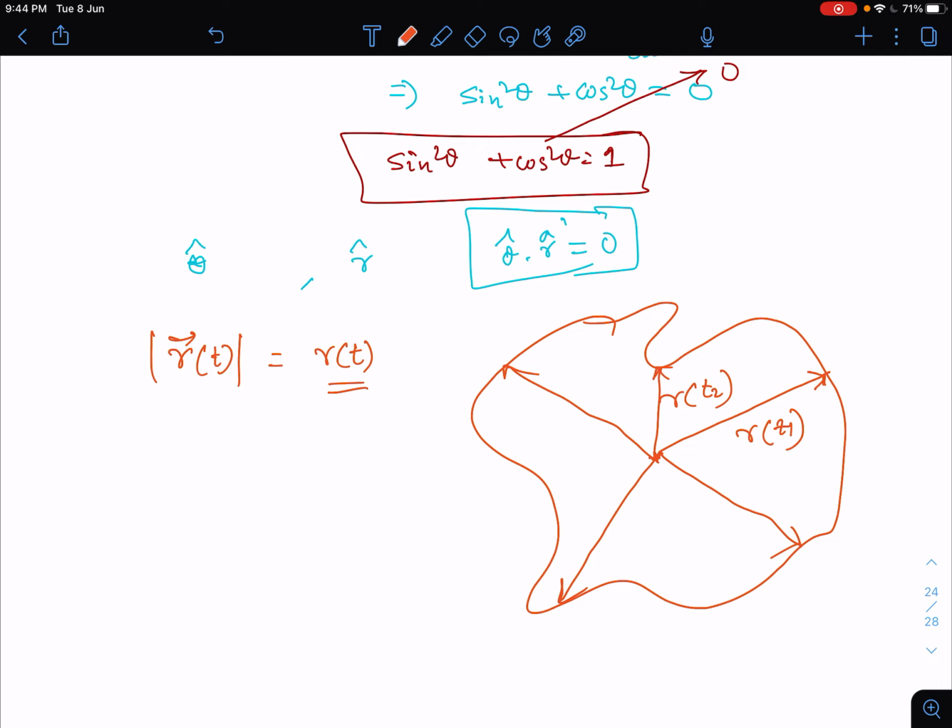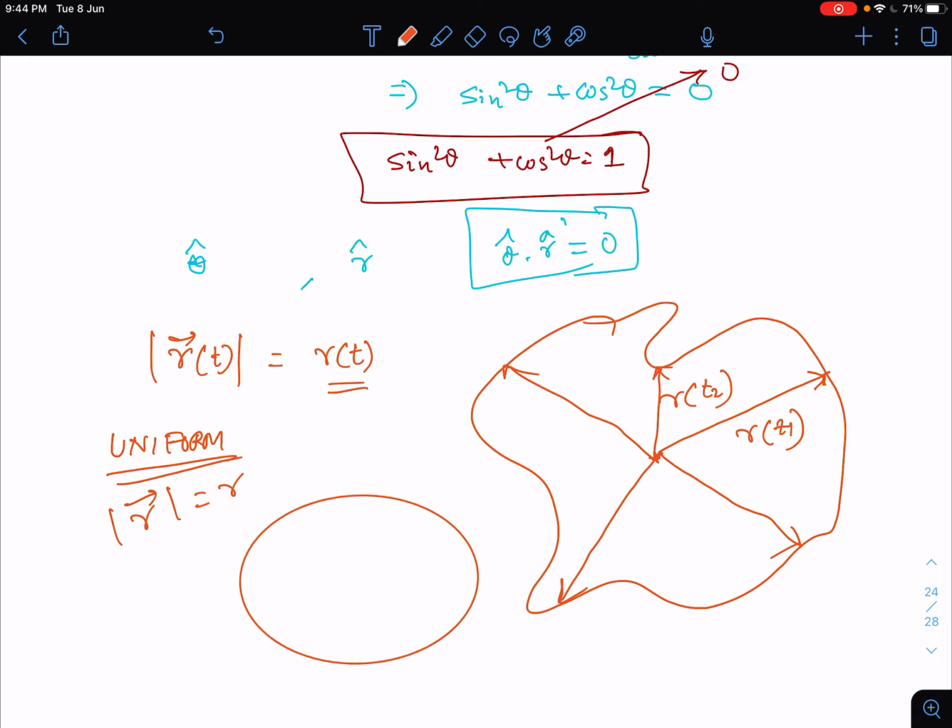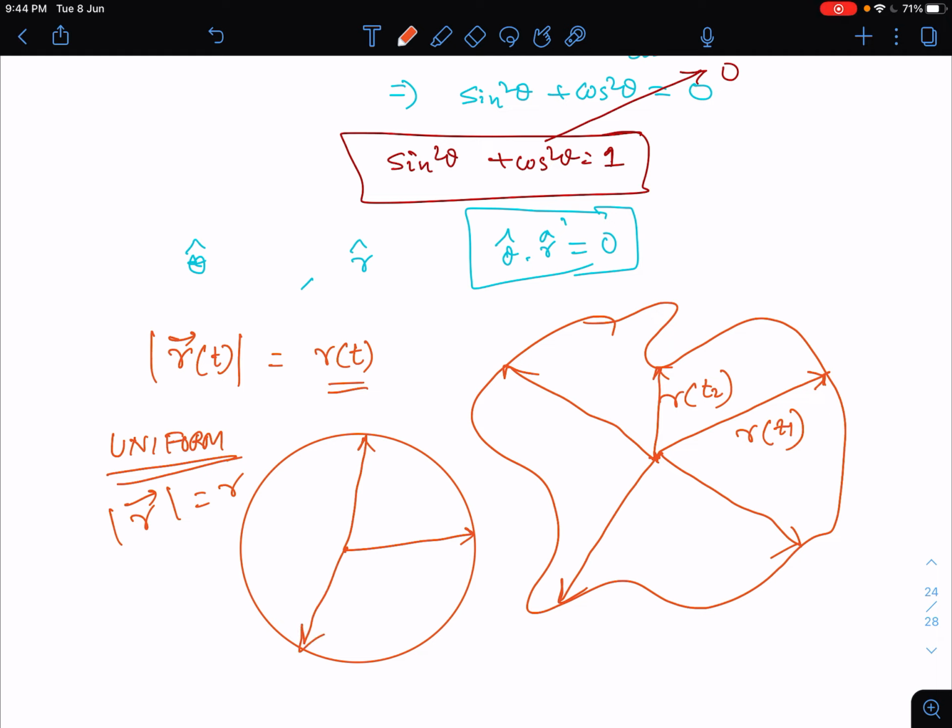In uniform circular motion, the magnitude of r is constant, but its direction changes. Let's say this is a circular motion. Here the magnitude is constant, but the direction changes. But here both the magnitude and the direction are changing.